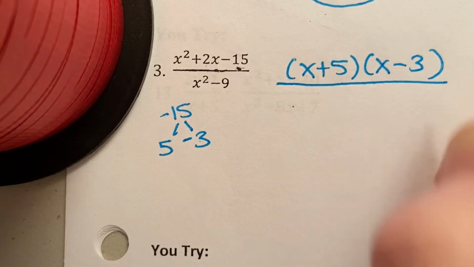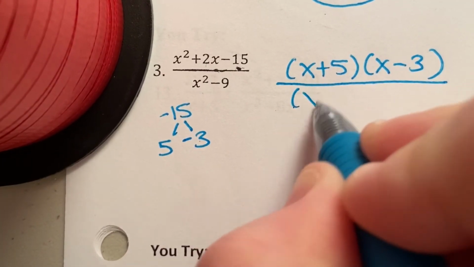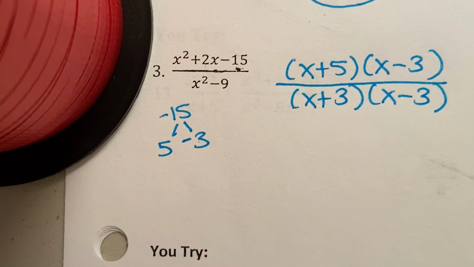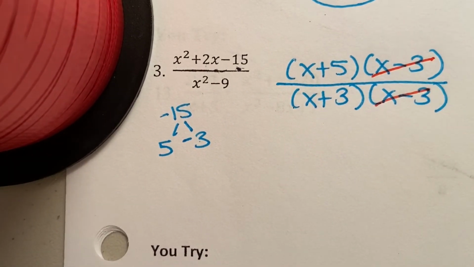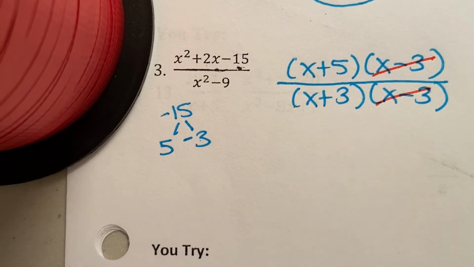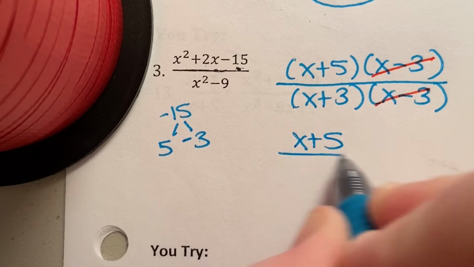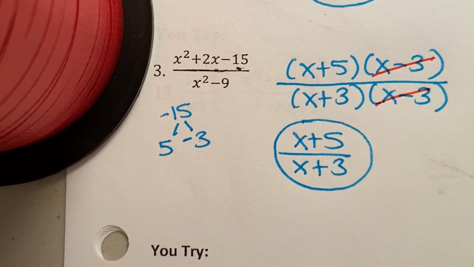The denominator is another difference of squares, so that would be x plus 3 and x minus 3. So the x minus 3's cancel, because they're the same in the numerator and the denominator. And that leaves me with x plus 5 over x plus 3.